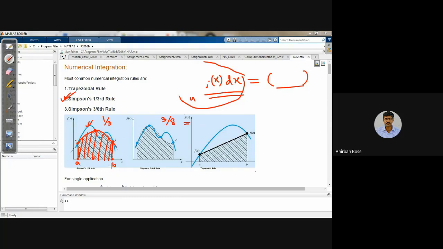If you want to consider multiple segments in the case of Simpson's 1/3 rule, observe carefully what you have to do.